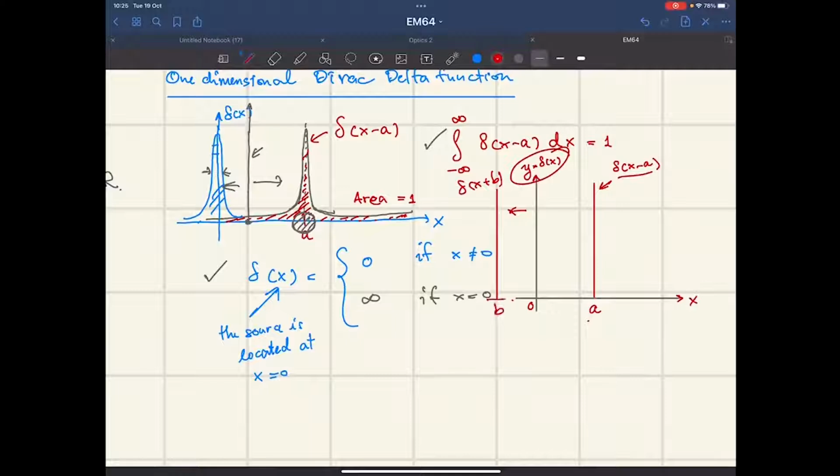Any questions? You can move your source anywhere you want. Let's say you move this line to a. It becomes like a delta function.